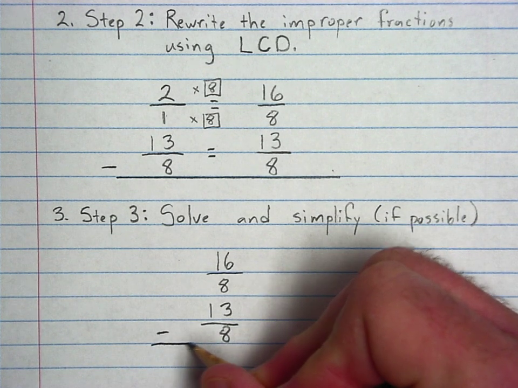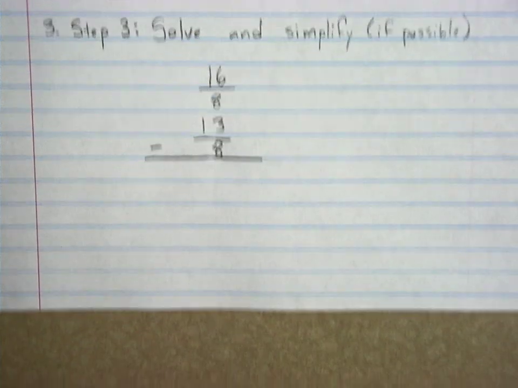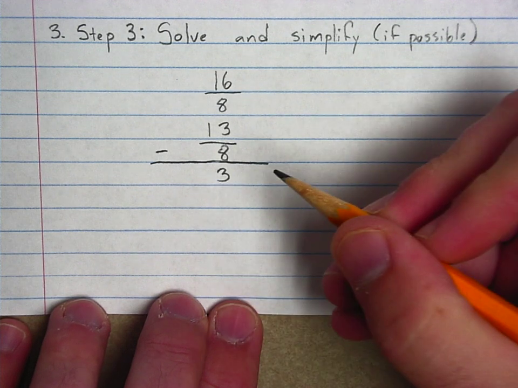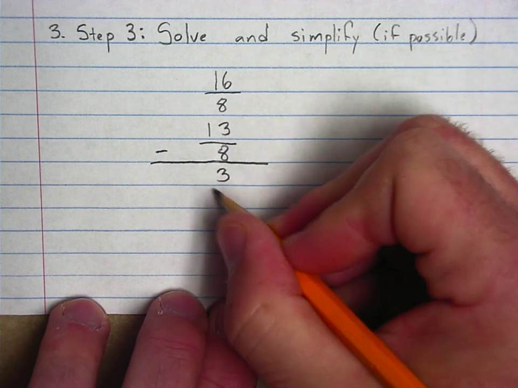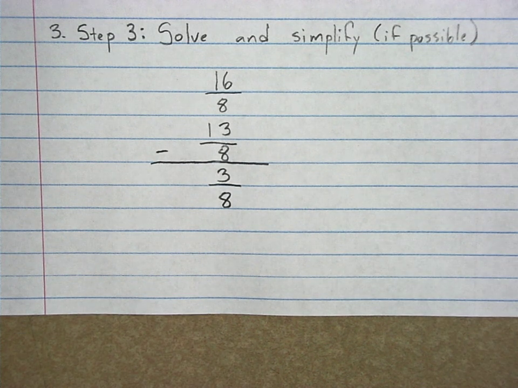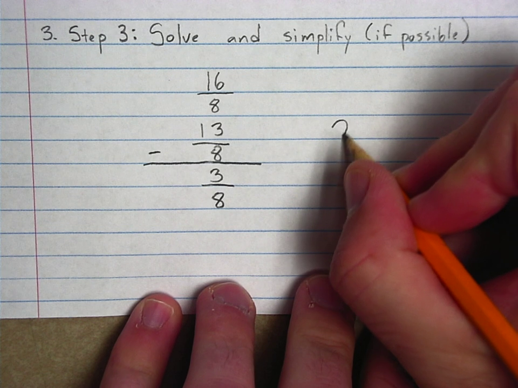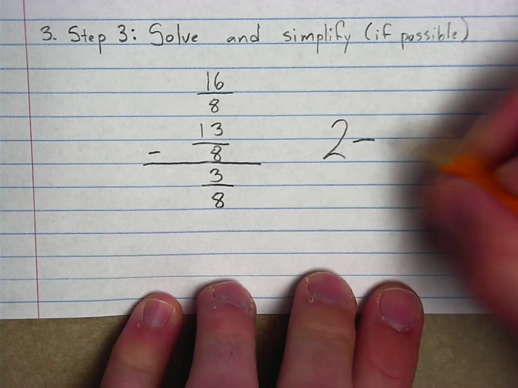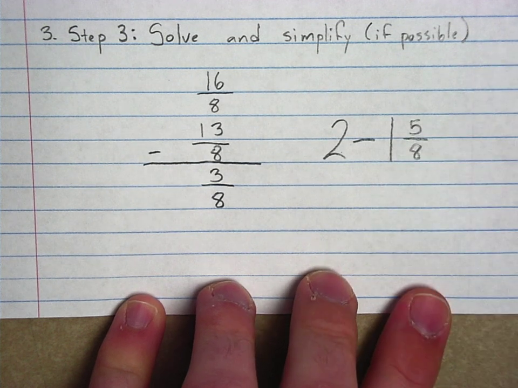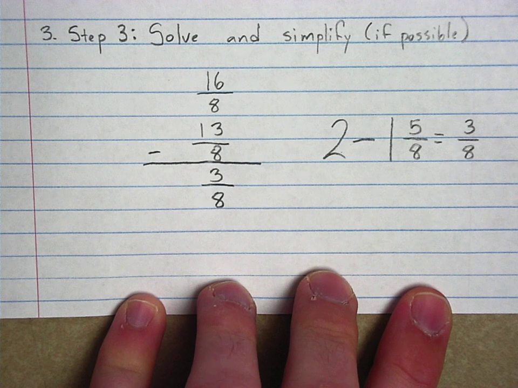We're going to subtract them. Numerator minus numerator, 16 minus 13 is 3. The denominator stays exactly the same. It is just a label. So, as odd as that appears, 2 minus 1 and 5/8 is equal to 3/8.